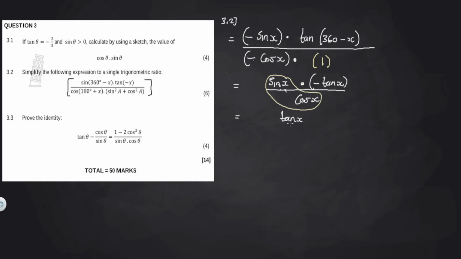Sine over cos, it's tan, multiplied by minus tan x. Multiplying, you get tan squared x, negative. This is your final answer. Not 2x, but negative tan squared x. This is your answer.